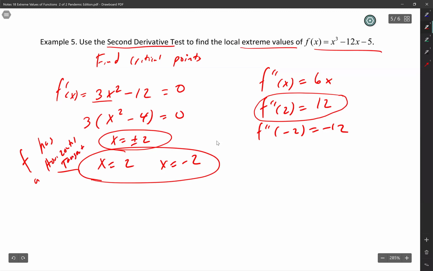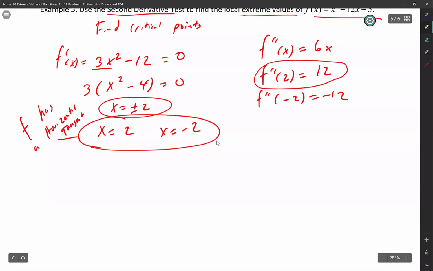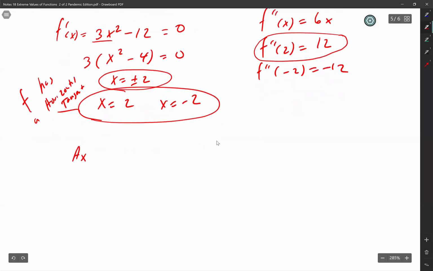Because of that, here we go. So let's think about it. If you're concave up and my derivative is 0, do I have a max or a min? A min. So I'm going to say it like this. At x equals 2, f has a minimum since f prime of 2 equals 0.